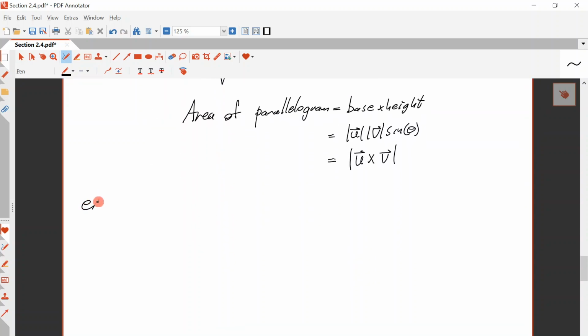So, for example, let's find the area of the triangle.